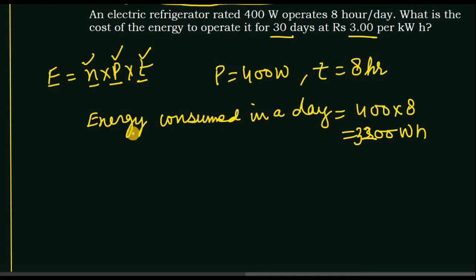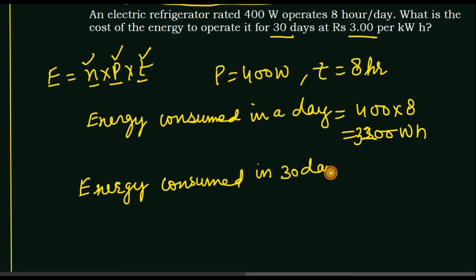This is the energy consumed in a day. Now energy consumed in 30 days will be 3200 into 30. It will come 96,000 watt hour.